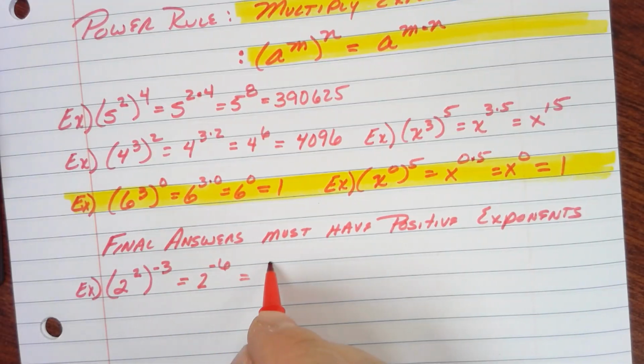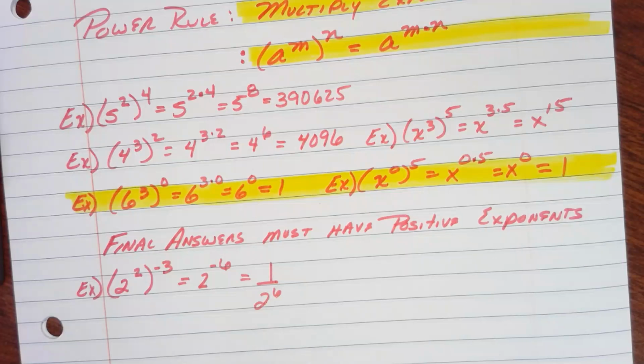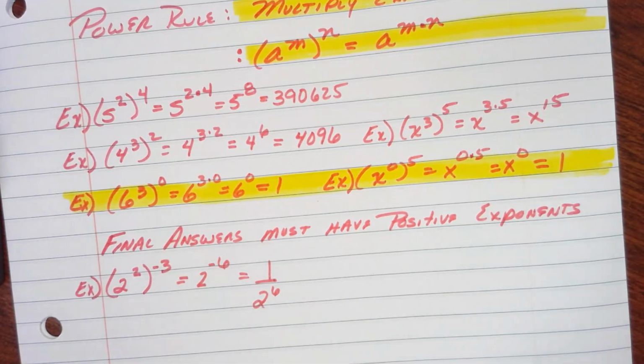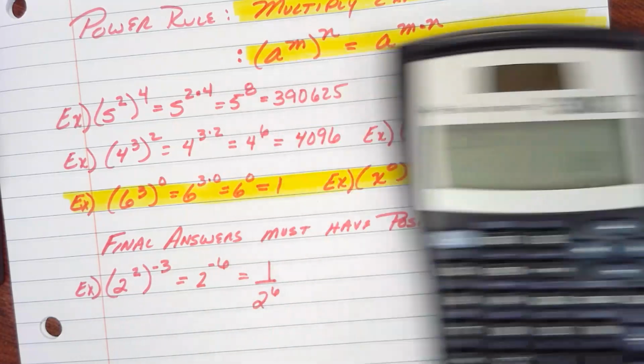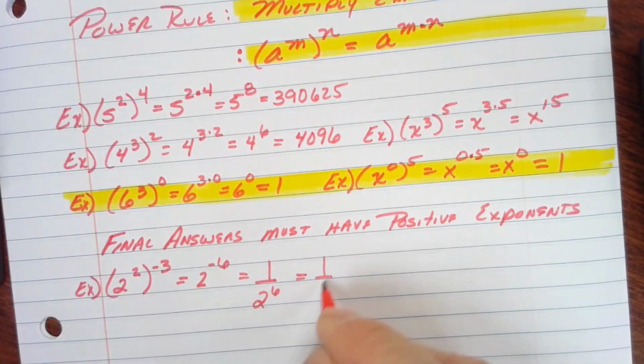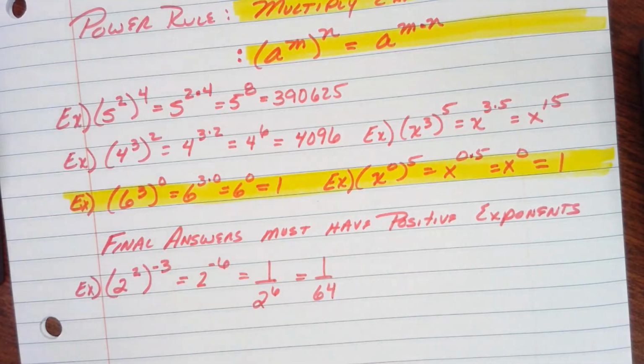You need to write this as 1 over 2 to the 6th. And 2 to the 6th is 64. So the final answer is 1 over 64.